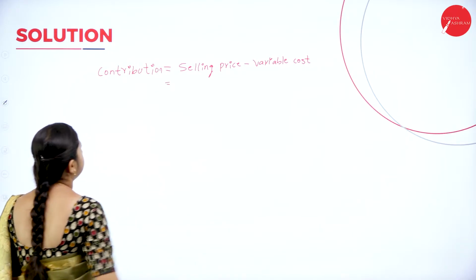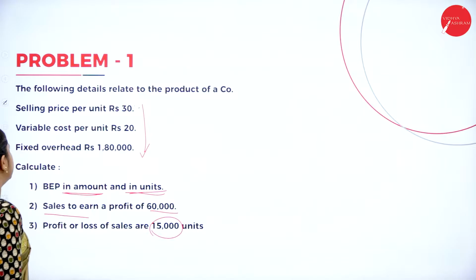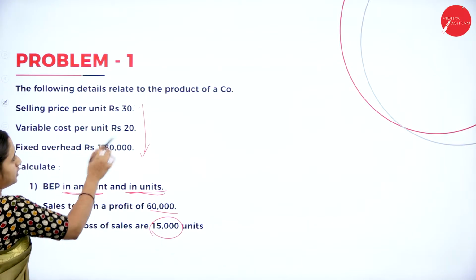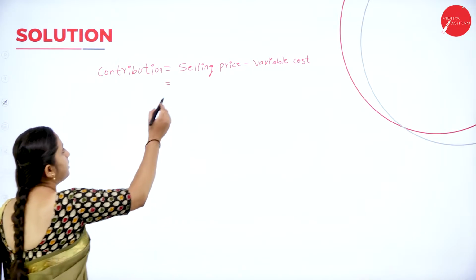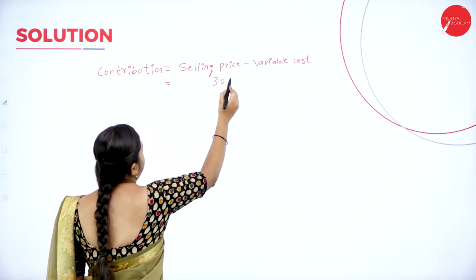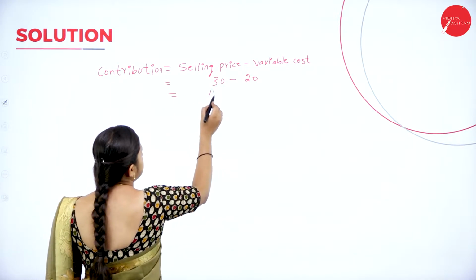So here selling price per unit is 30, then variable cost per unit is 20. So directly we can write selling price 30 minus variable cost 20. So contribution is 10.